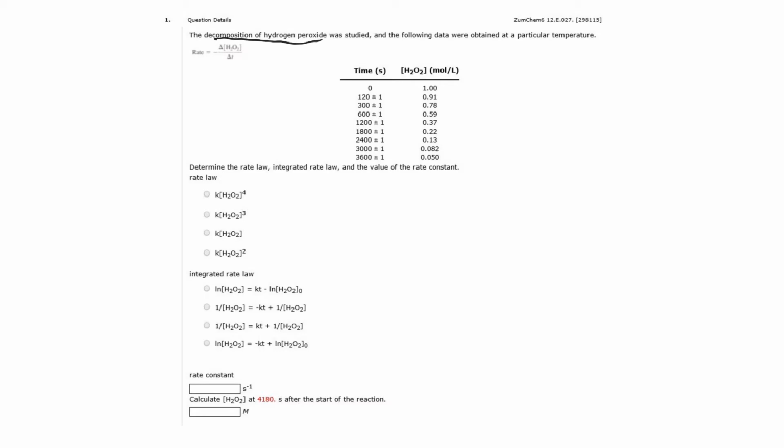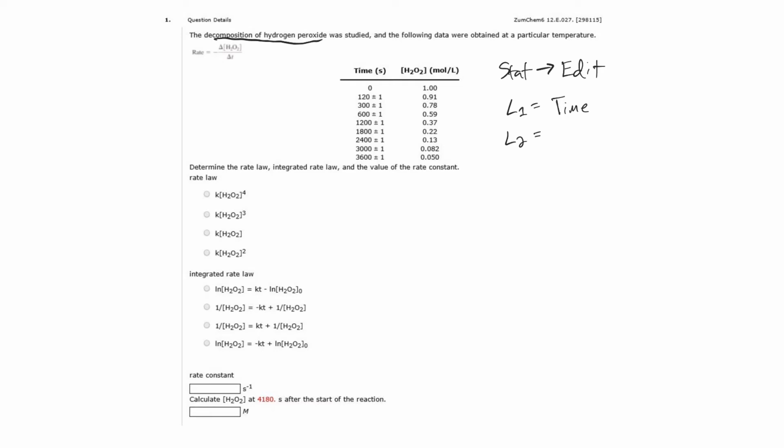To figure out what type of reaction we have, we need to do some entering of data in our calculator. So if you go to your stat menu and hit edit, so stat and then edit, presuming you have a TI calculator, in your L1 column type in all of the times.